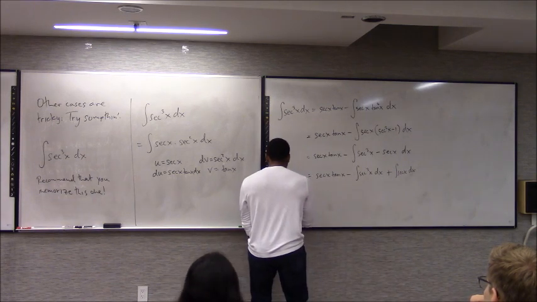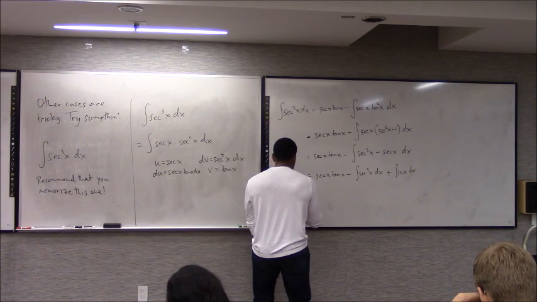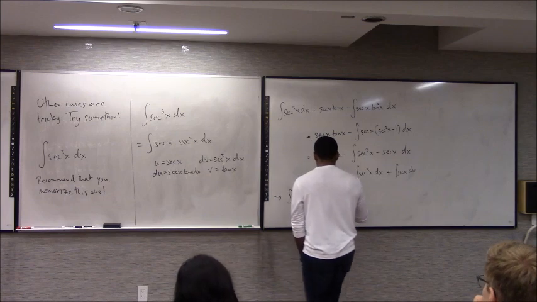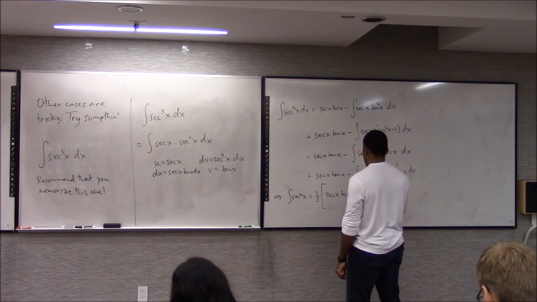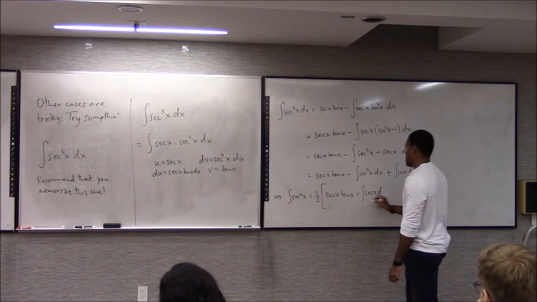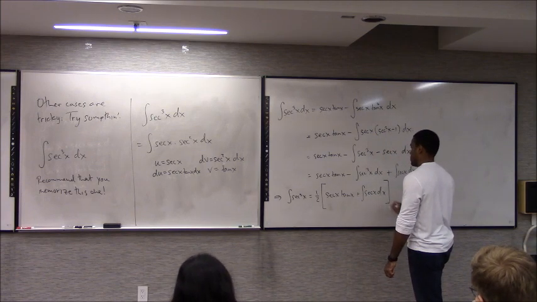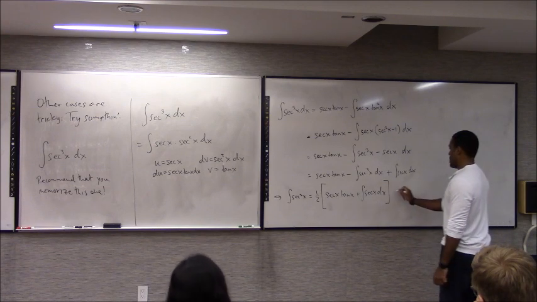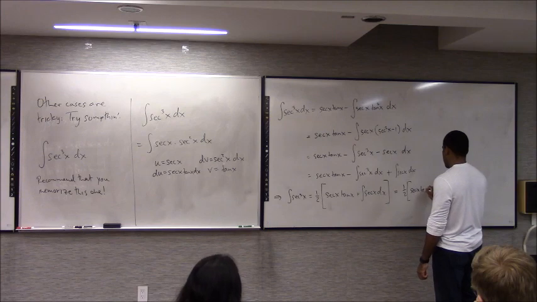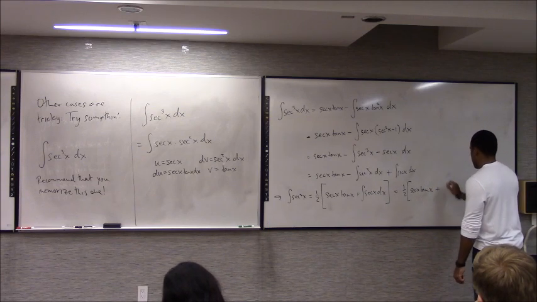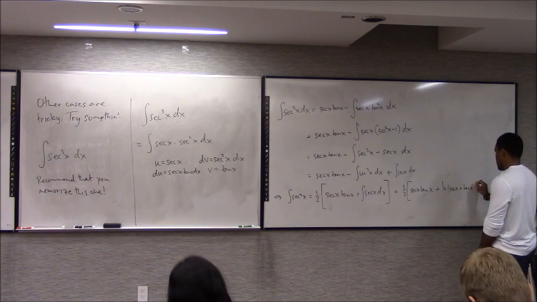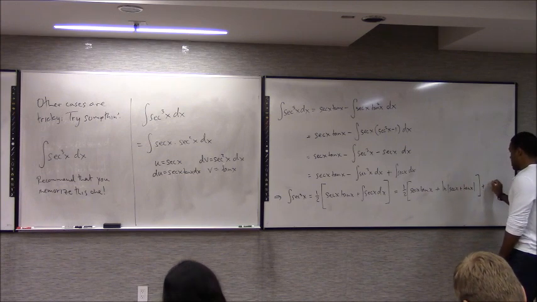So this means the integral of secant cubed is going to be 1/2 times this, which at the end of the day becomes 1/2 secant x tangent x plus ln of secant x plus tangent x plus c.